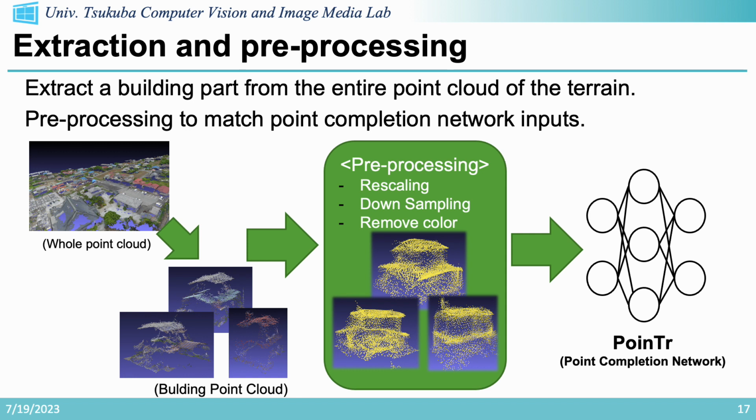By extracting a building area from the obtained point cloud, a missing point cloud is generated and input to the trained network. Since point clouds reconstructed from real-world data vary in the number of points and the scale, we added pre-processing such as rescaling and adjusting the number of points before input to the point cloud completion network.